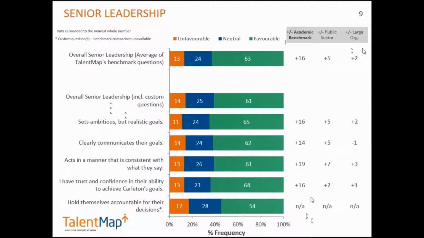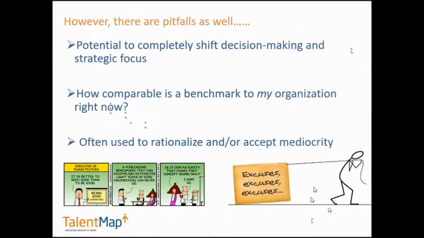The pluses indicate that we're over the benchmark. We're doing great, aren't we? Obviously now you can see what I'm talking about in terms of the impact of that benchmark. See how just showing the benchmark completely shifts the decision-making and the strategic focus.